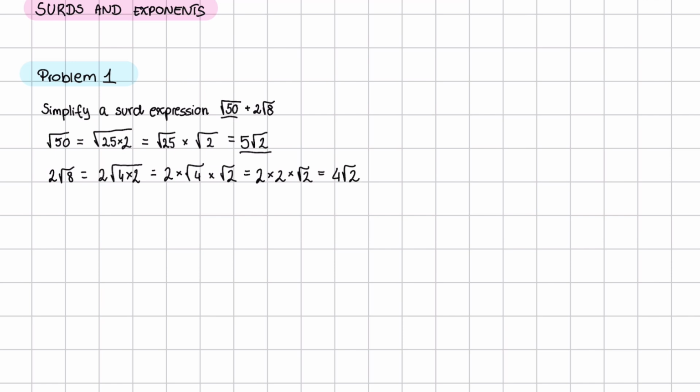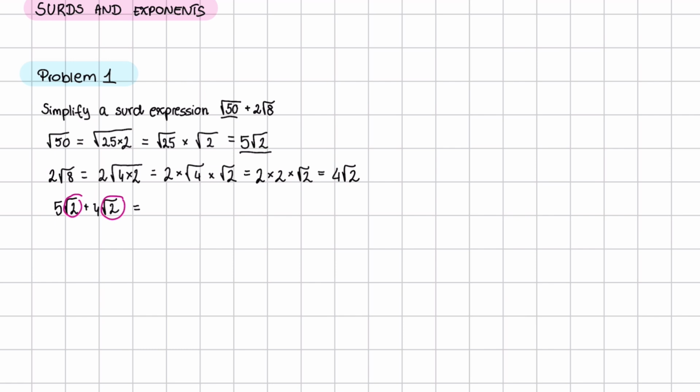And now we can add our numbers, the first one and the second one. And if we have the same number under the root, we can just add them. So we're adding the number that is in front of our root.